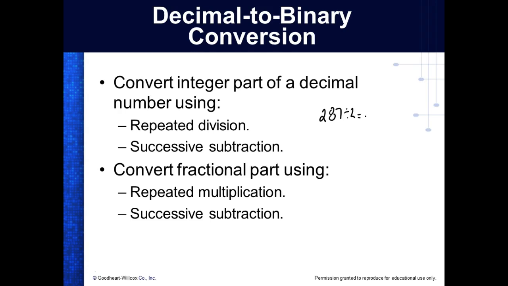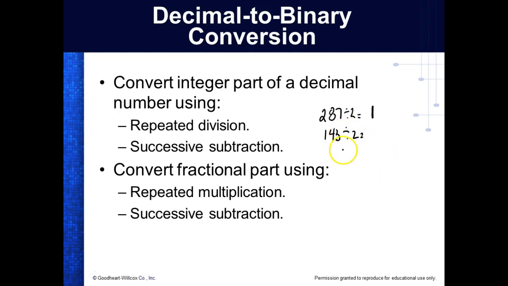So what's 287 divided by 2? What's that? 143.5. Well, every time I have a 0.5, I'm going to write a 1 over there. Because that's what it is. And then what I'm going to do is take this and divide it by 2.